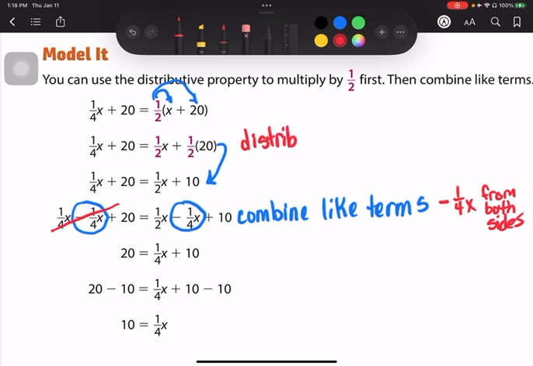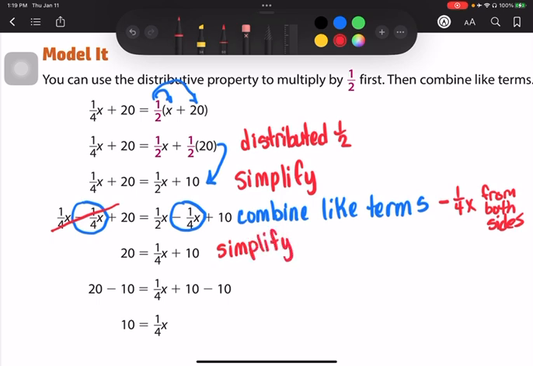They distributed 1/2. They used the distributive property there. On this line, all they did was simplify. On the next line, we combine like terms by subtracting 1/4 x on both sides, and here all they did was simplify.